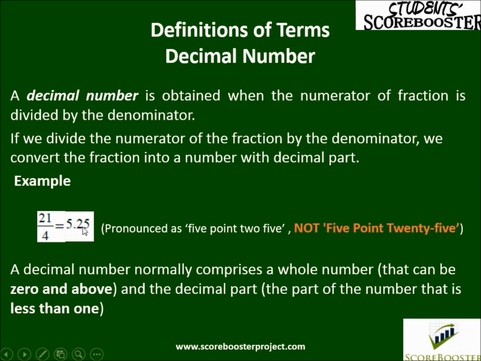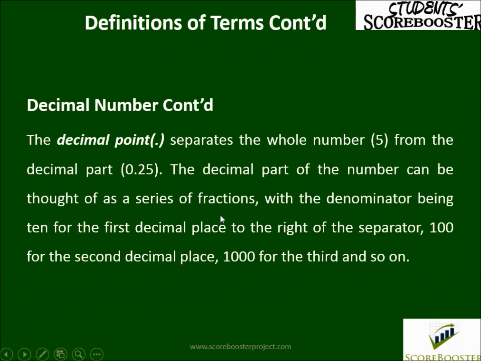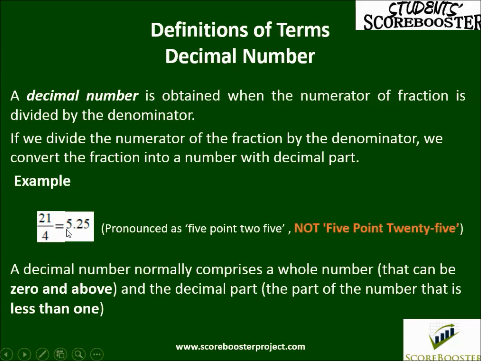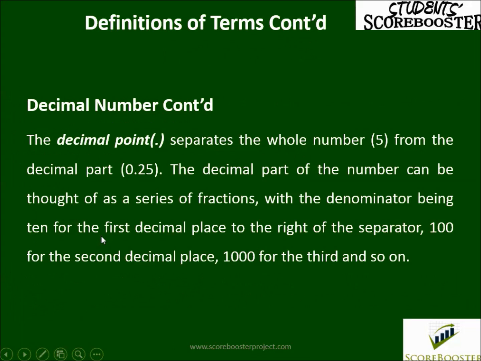The decimal point separates the whole number, which is 5, from the decimal part, which is 0.25.